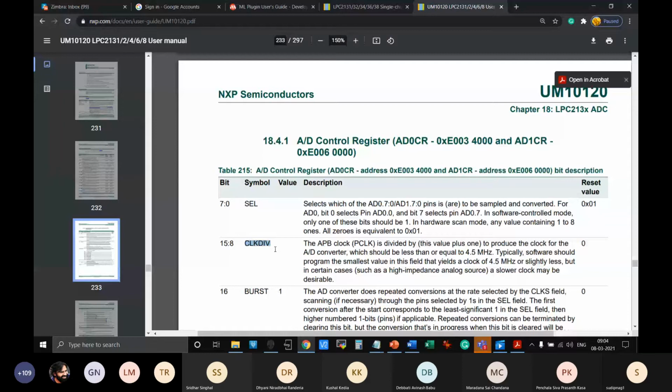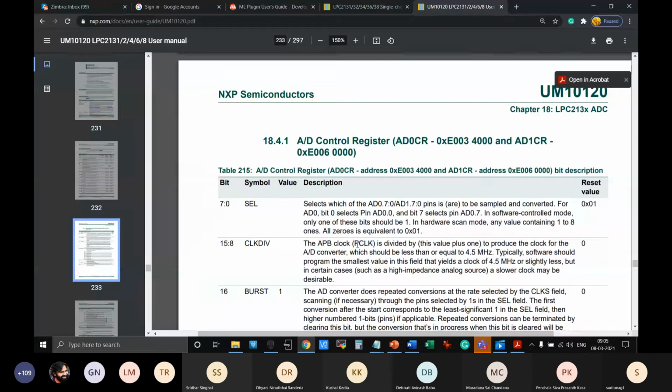The system clock, or core clock, can run up to 60 megahertz, and dividing it by a certain factor gives the P clock, the peripheral clock, which is also the APB clock because it is for advanced peripheral bus peripherals.